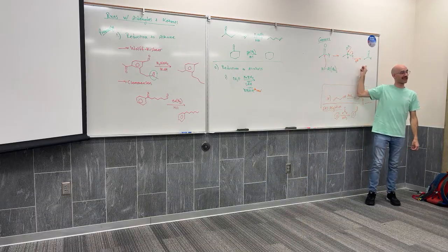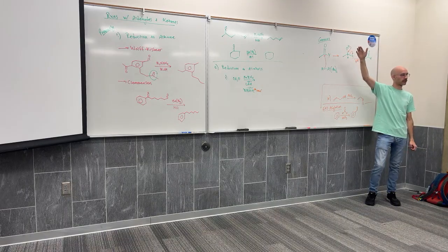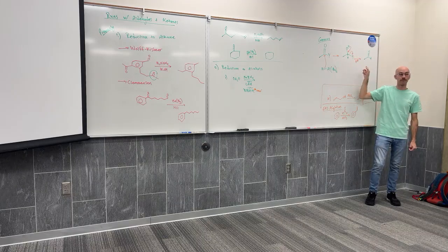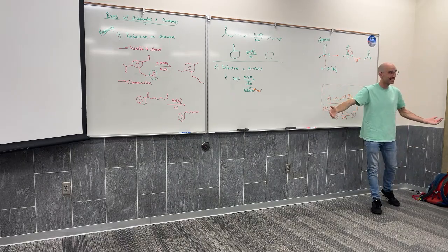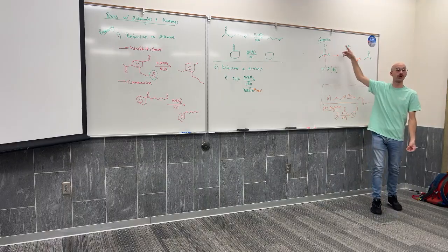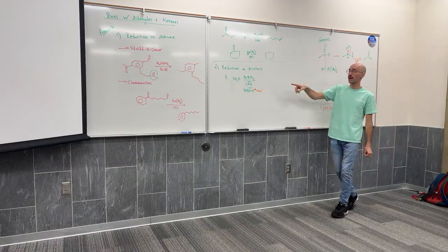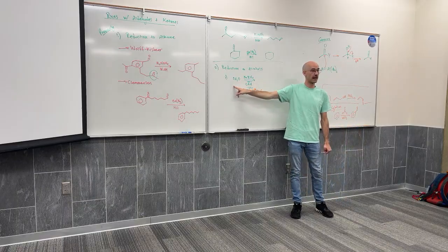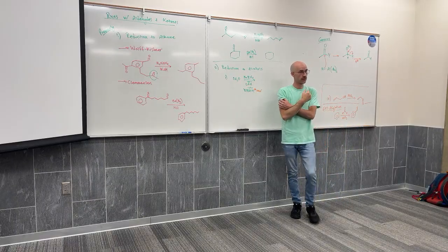DIBAL is a great way to synthesize aldehydes from more oxidized carbonyls. If you were to add DIBAL in excess, in 2 equivalences, you do run the risk of reducing your aldehyde. Its only benefit is that DIBAL has only 1 equivalence.